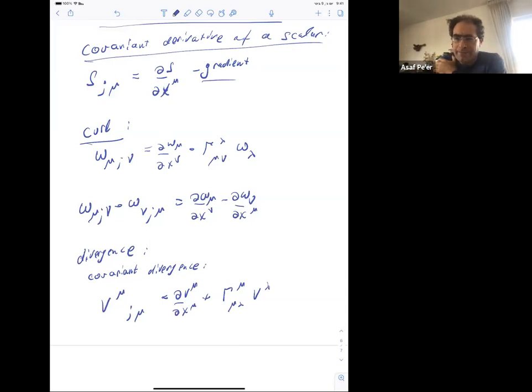Just on the safe side, after we finish, go back to one of your first or second year's textbooks and see that you recall what a divergence is.